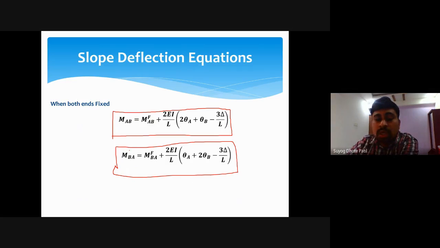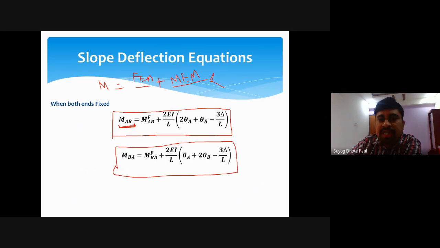MAB is nothing but the fixed end moment, FEM, plus member end moments. So M is equal to FEM plus MEM, fixed end moments plus member end moments.